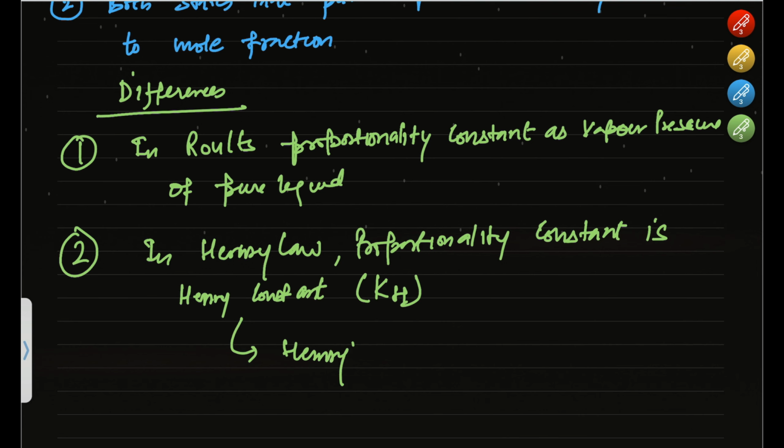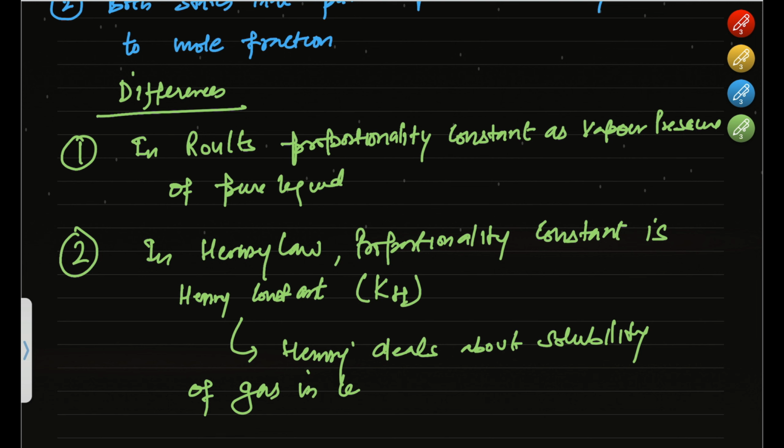Henry's law deals with the solubility of gases in liquid.